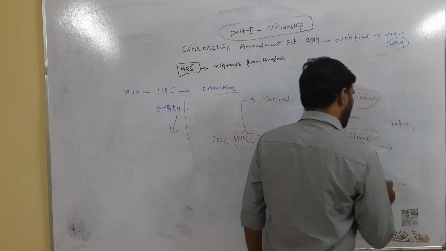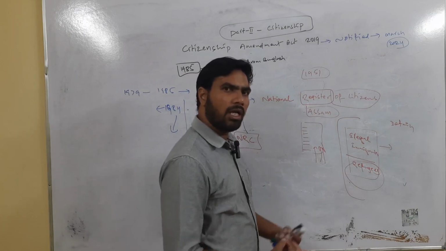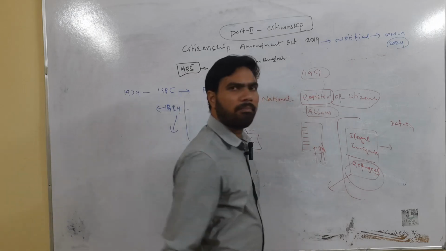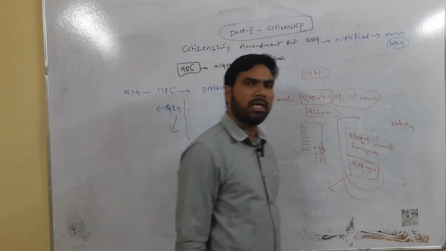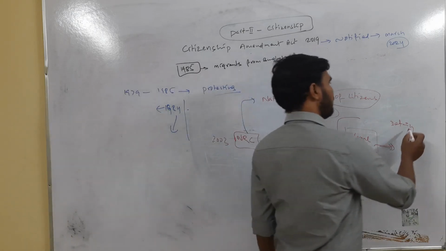Detention may not happen in the case of refugees, because we have accepted them and given them refuge. Otherwise, these illegal immigrants who have entered without prior permission might be detained.